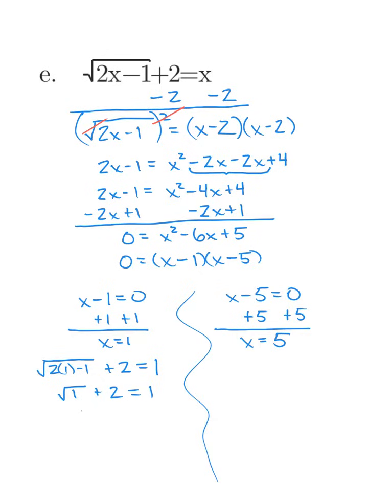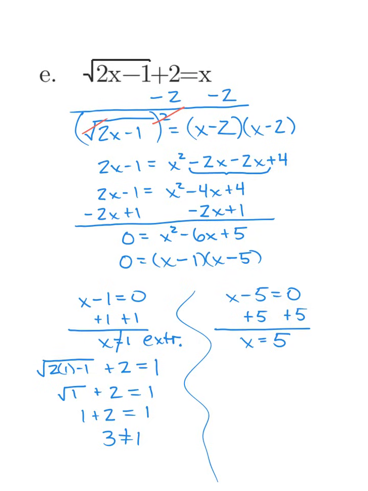Square root of 1 is 1, plus 2, and 1 plus 2 is equal to 3, which is not the same thing as 1, so I'm going to discard this solution. This is extraneous. But we can't go so far as to say no solution yet. We still have to check 5.